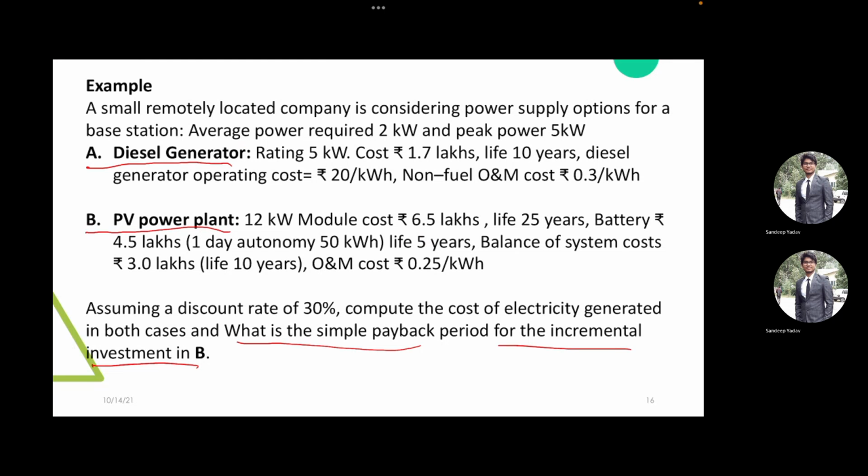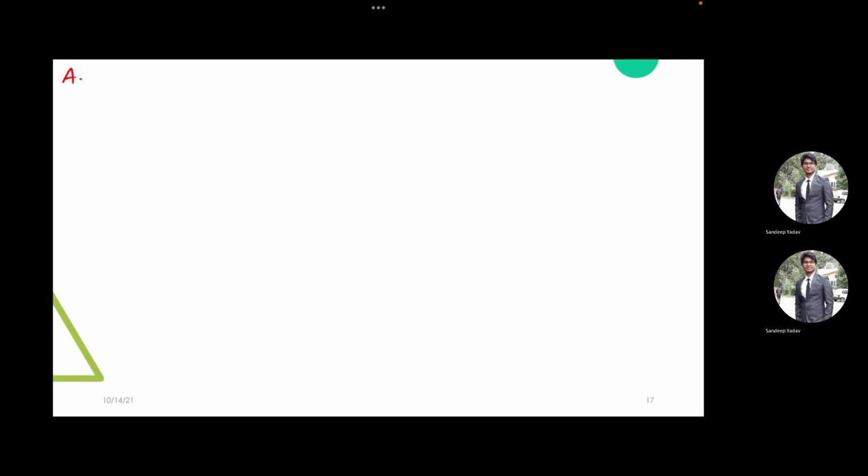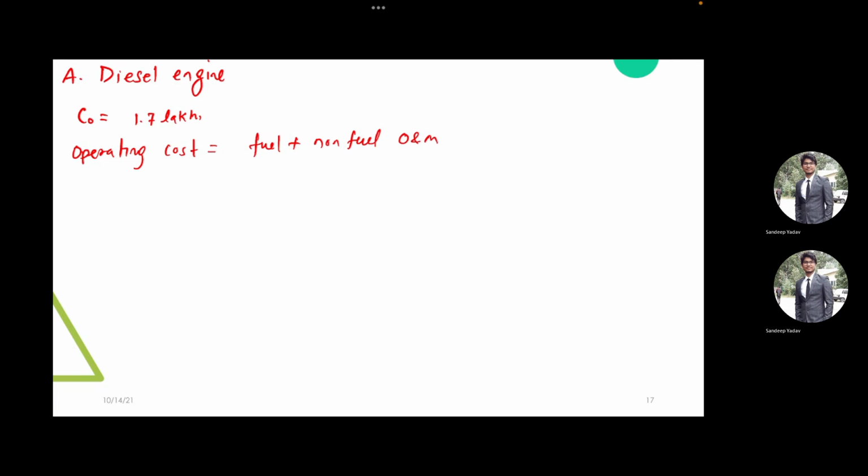So let's first take a case of case A, that is diesel engine. Its capital cost is given 1.7 lakhs. Operating cost will be fuel cost plus non-fuel operation and maintenance.